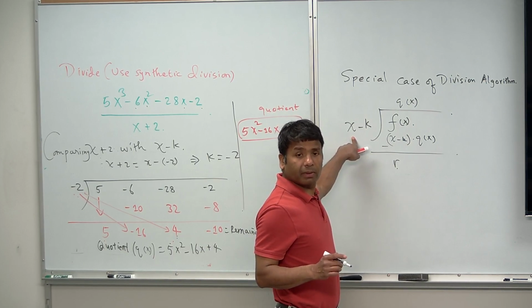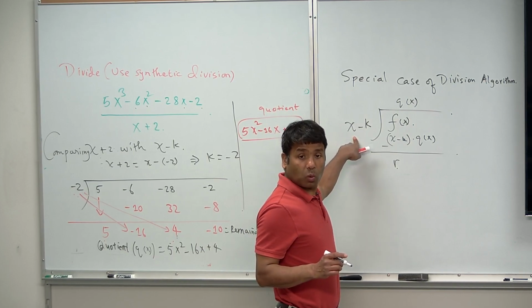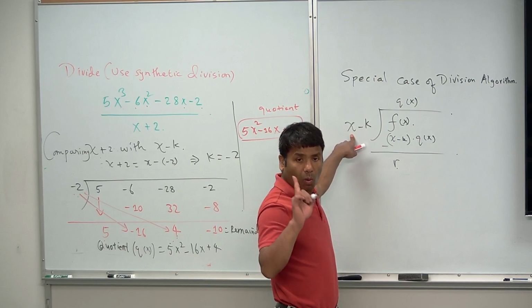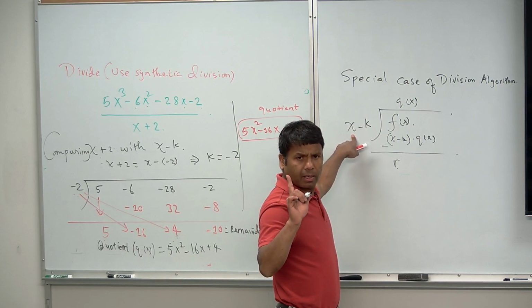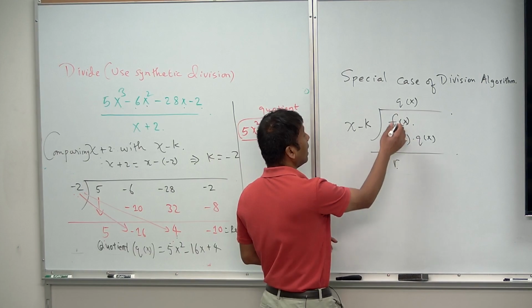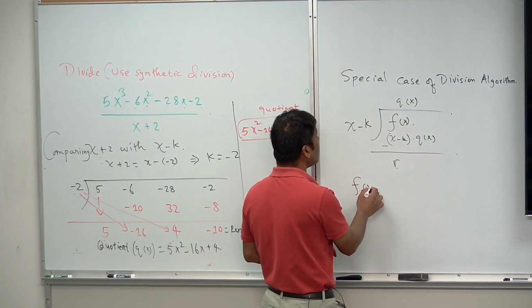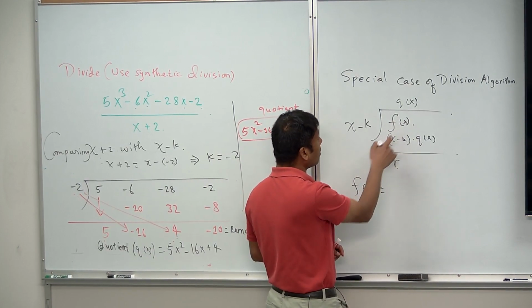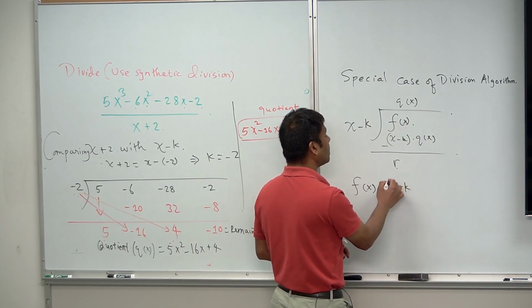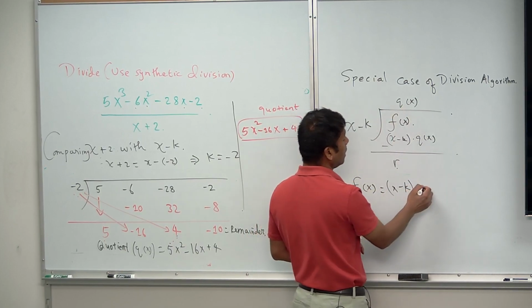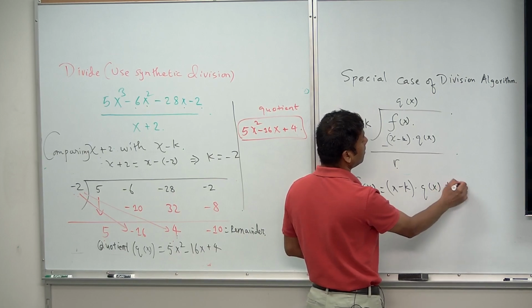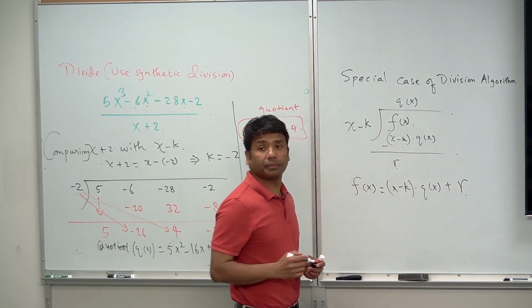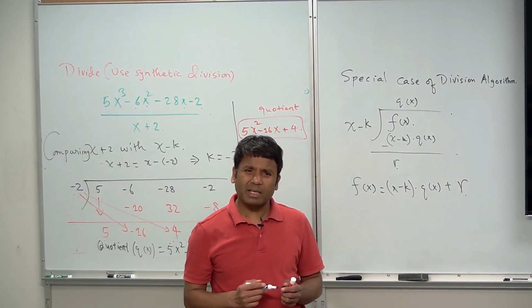Because the degree of the remainder is less than the degree of the divisor, which is 1, that's why this should be a constant. You can write this as dividend equals divisor, x minus k, times quotient q(x), plus remainder r. That makes sense?